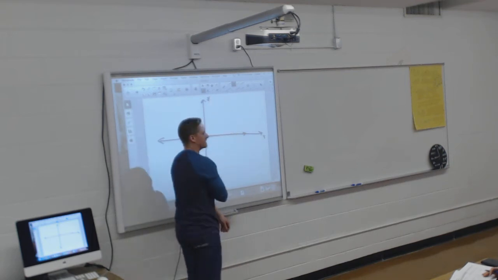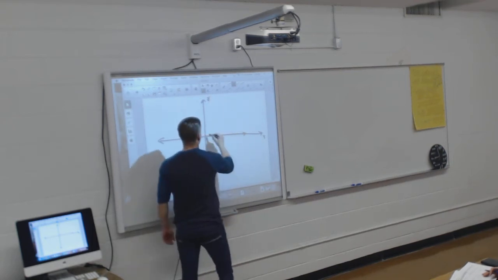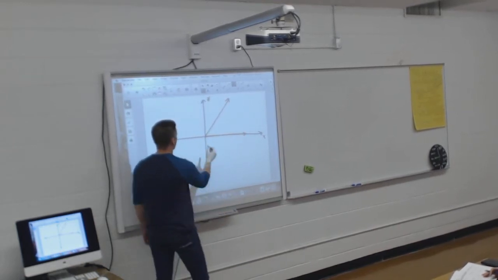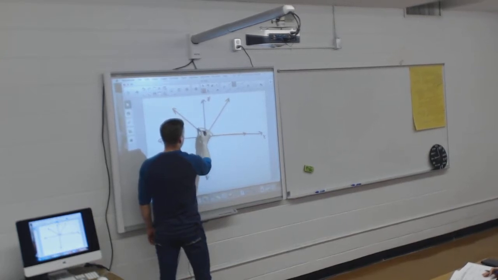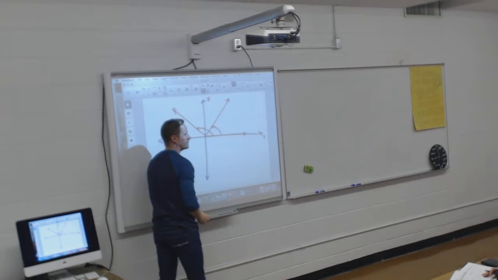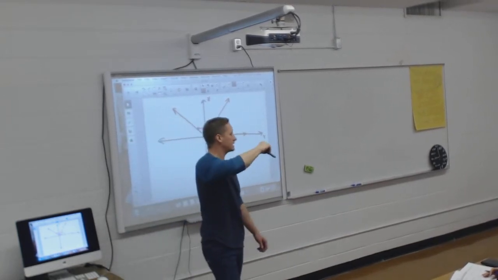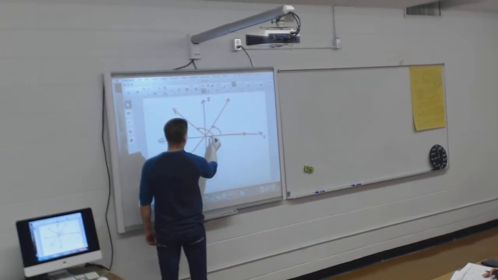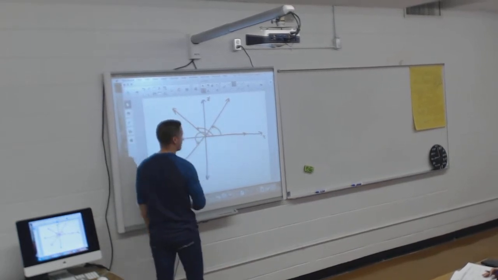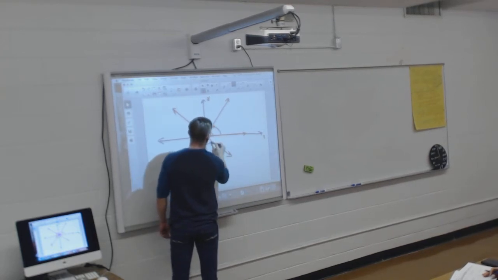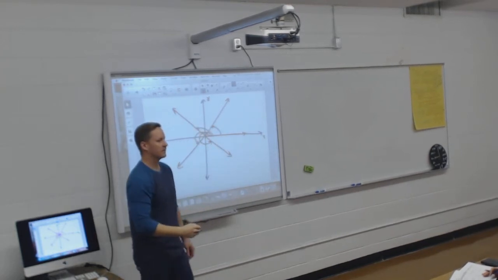Now, standard position can occur in the first quadrant, like that. It can occur in the second quadrant, in which the angle is this way. The angle in standard position will always be made in a counterclockwise direction. So the angle in the third quadrant would be this angle, and the angle in the fourth quadrant becomes that angle there.